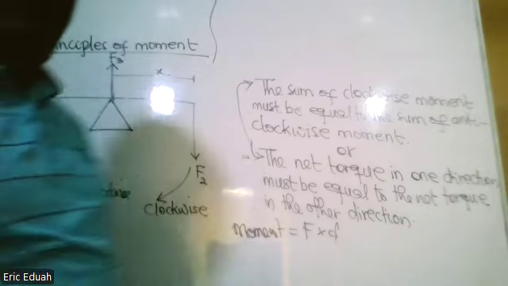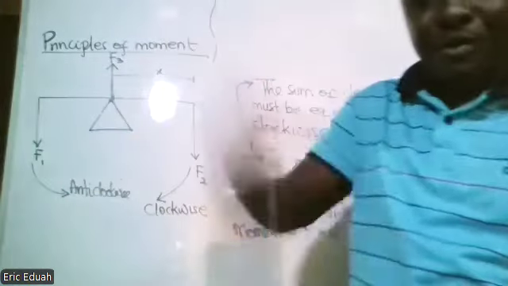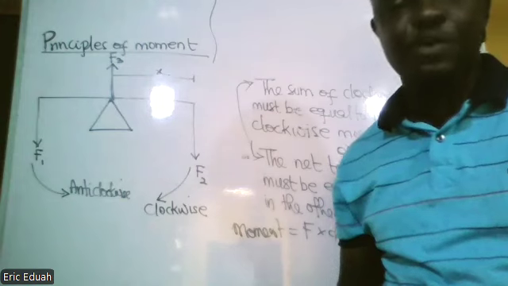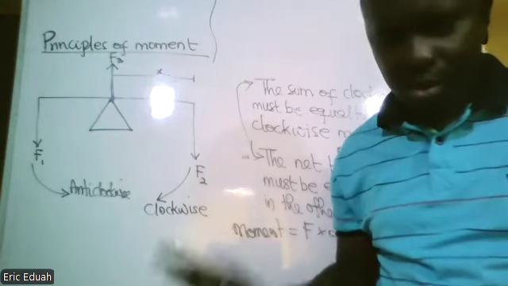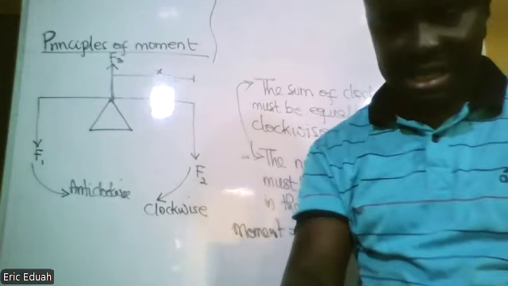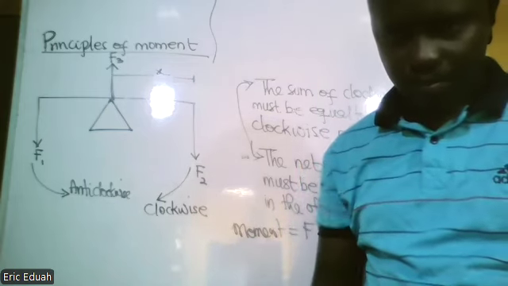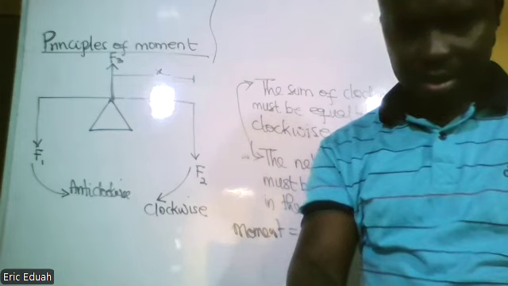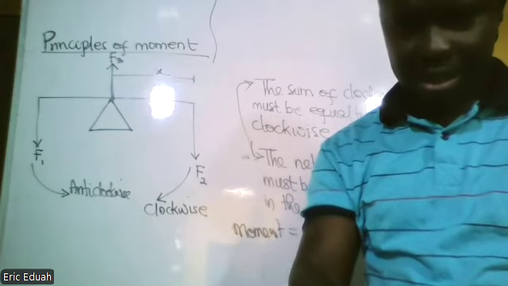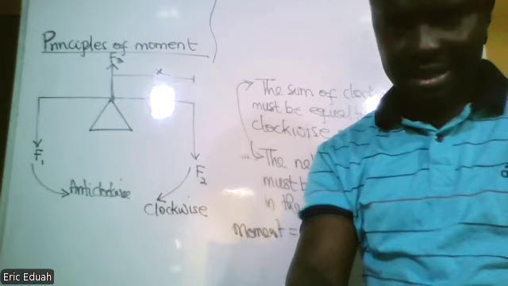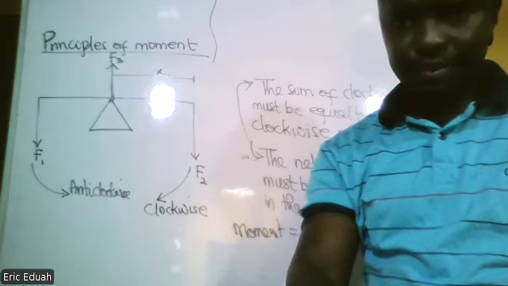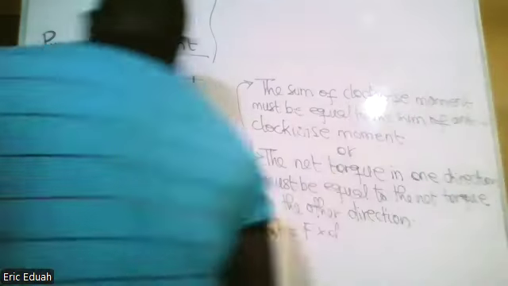So if a force acts at the pivot, the turning effect produced is 0 because there is no perpendicular distance. Is that understood? Yes, sir.